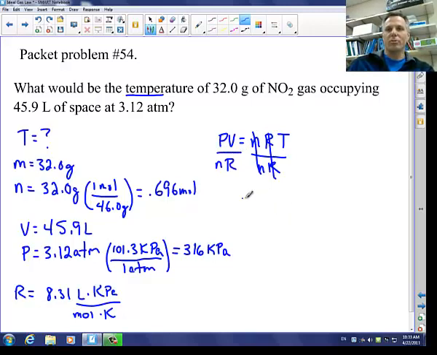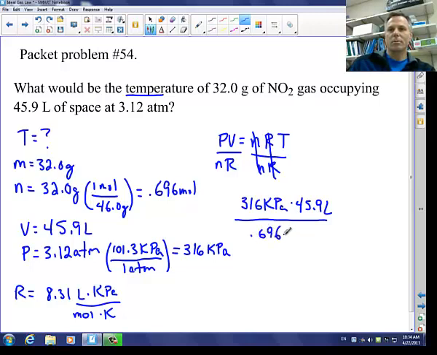So I take my pressure, 316 kilopascals, times my volume, which is 45.9 liters, all divided by n, which is going to be 0.696 moles, times my value for R, which is 8.31 liters times kilopascals per mole times Kelvin.